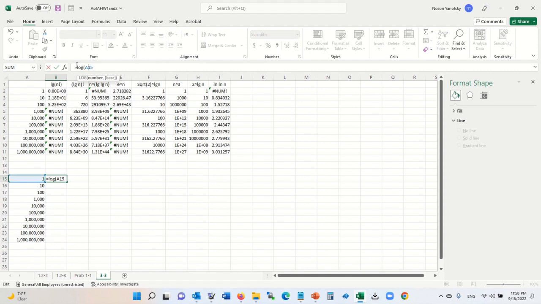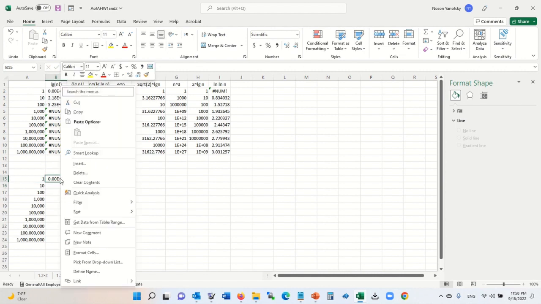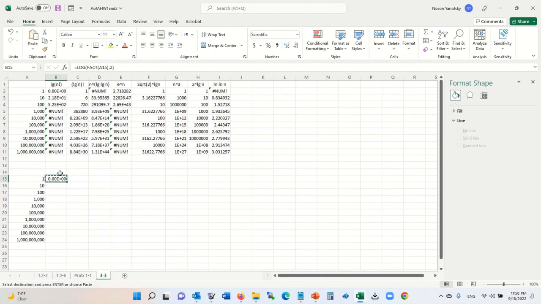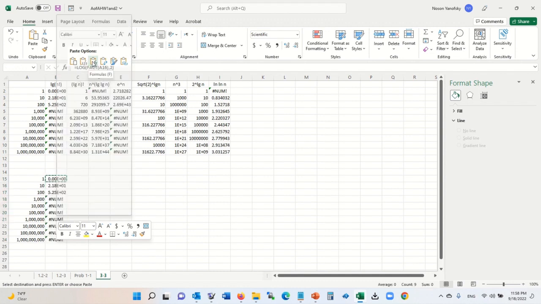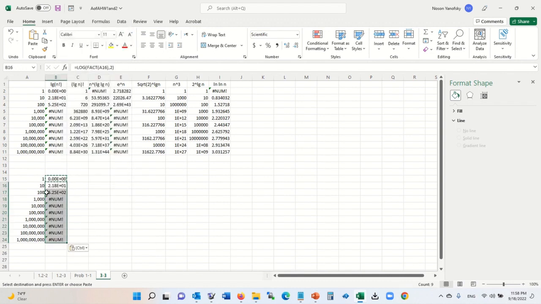Now, what base is the logarithm? This is log base 2. So you do that, comma 2, and enter. And that gives you this. Once you have that formula once, the rest you simply copy and paste. So that's where I'm getting that.